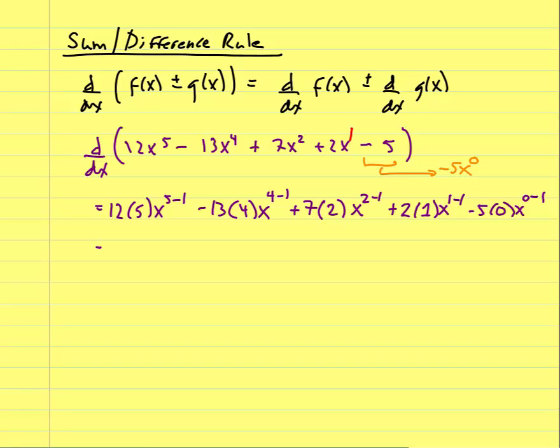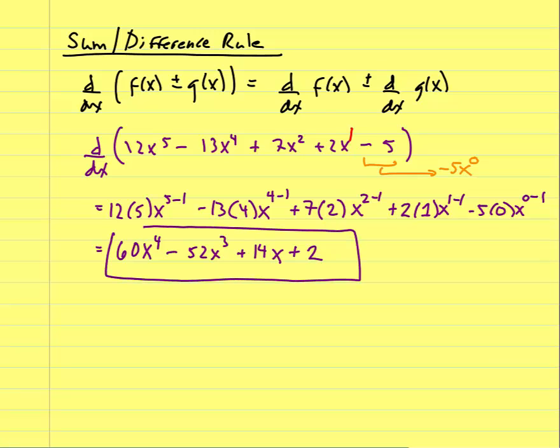So when I rewrite, I have my derivative is equal to 60x to the fourth minus 52x to the third plus 14x plus, here I have 2 times 1 is 2, 1 minus 1 is 0, x to the 0 is 1. And then for my last piece here, negative 5 times 0 is 0, 0 times x is 0. So I'm done.